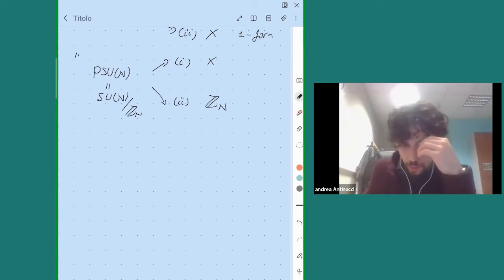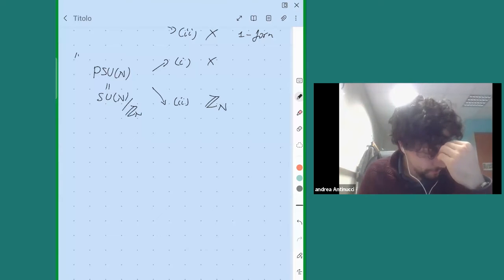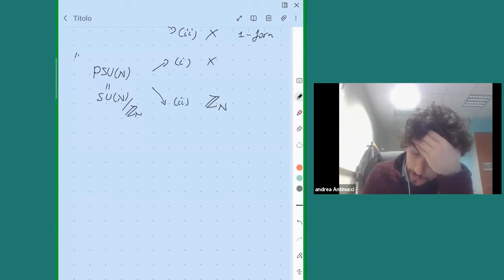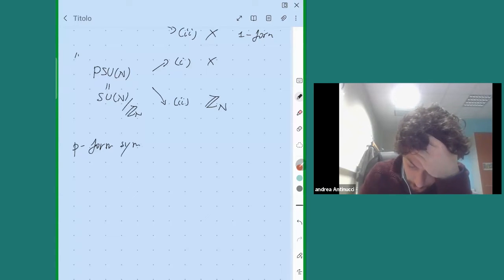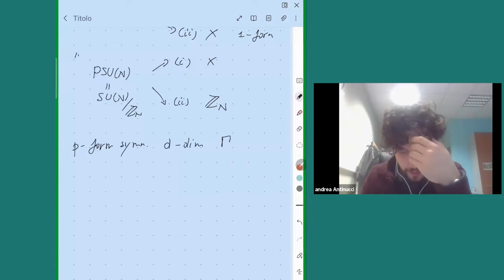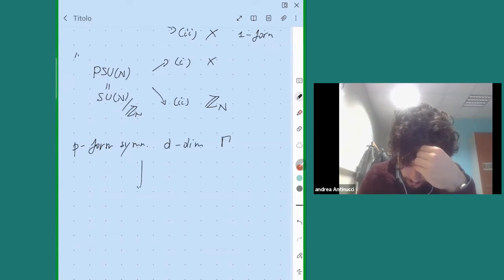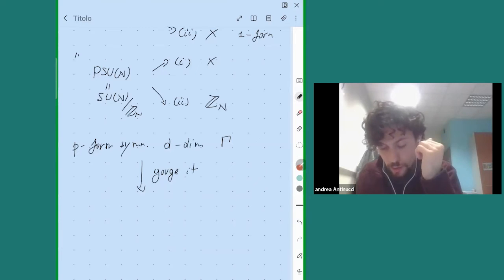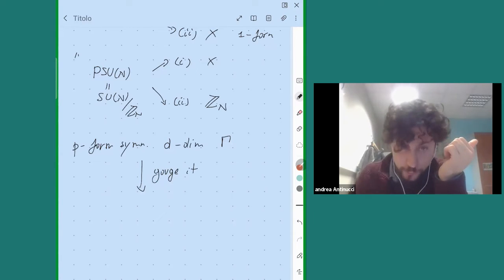There is a very old and classic argument that if you have a p-form symmetry with group gamma, and you gauge it, you have to introduce a gauge field for gamma.